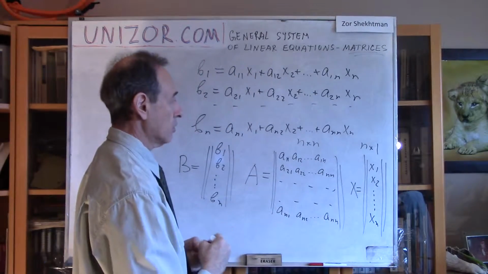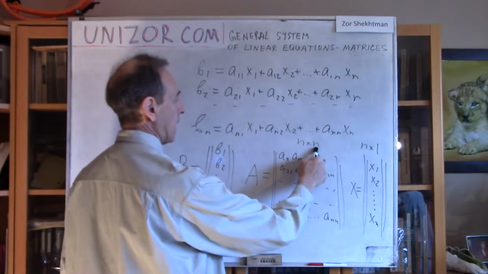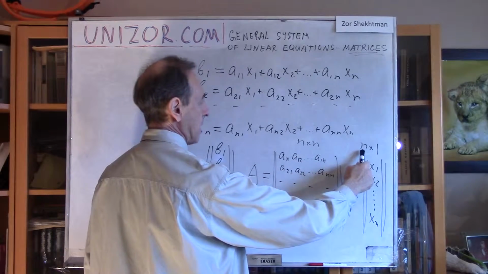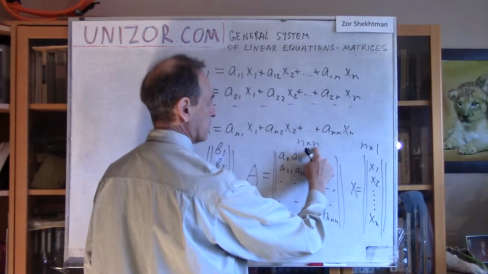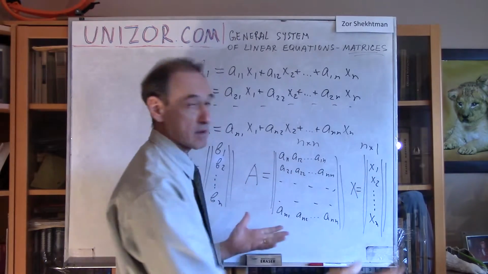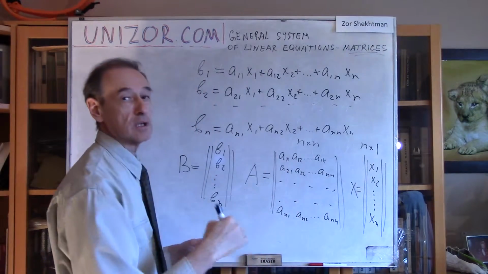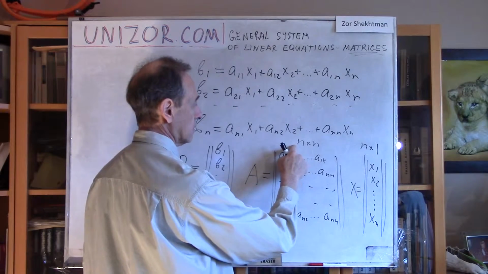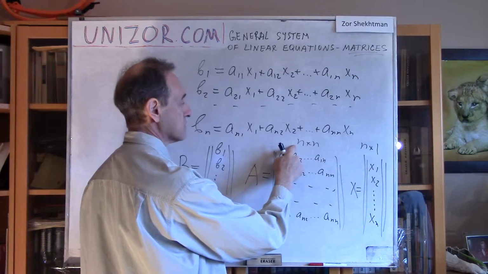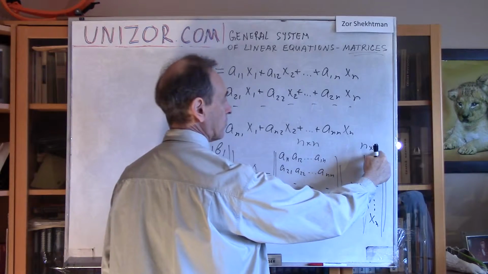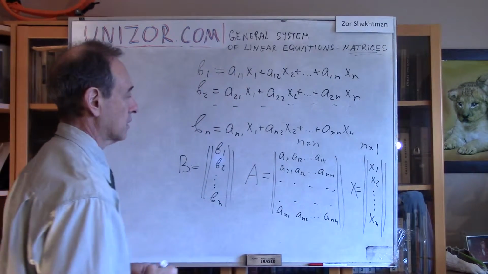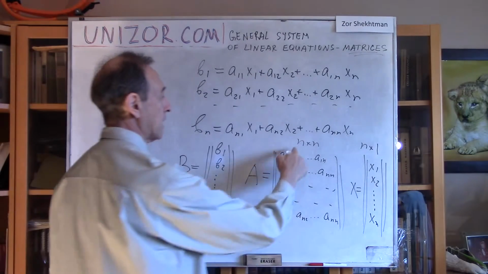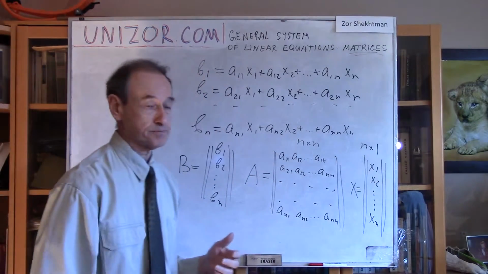Now, as we know, if we multiply a matrix n by n times another matrix n by 1, we have to have these numbers the same, and they are the same, and the resulting matrix would have the number of rows on the left and the number of columns on the right. So the result will be n by 1, right?